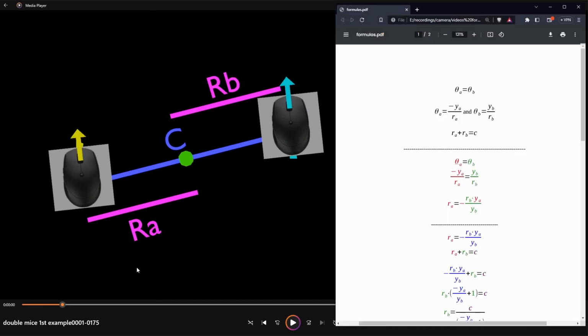But these relationships still hold true. So we need some way to relate directly from the YA, the vertical arc length displacement, to the angular displacement. And both A and B should agree.